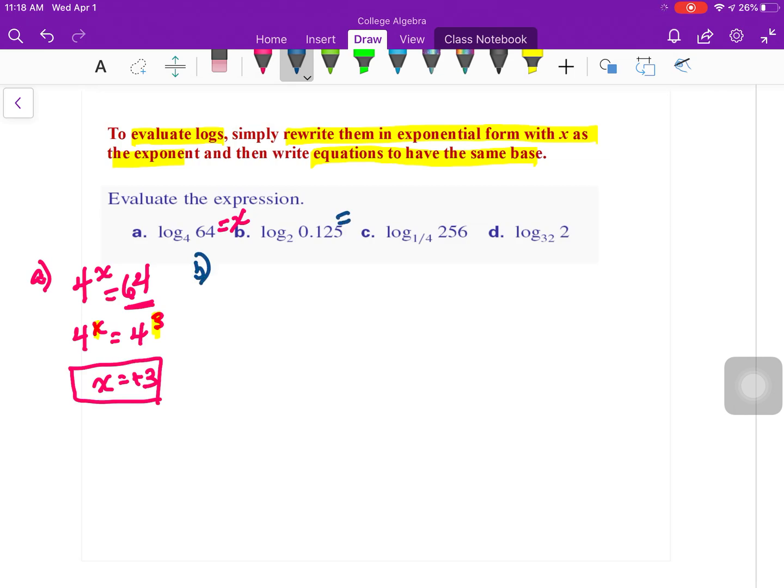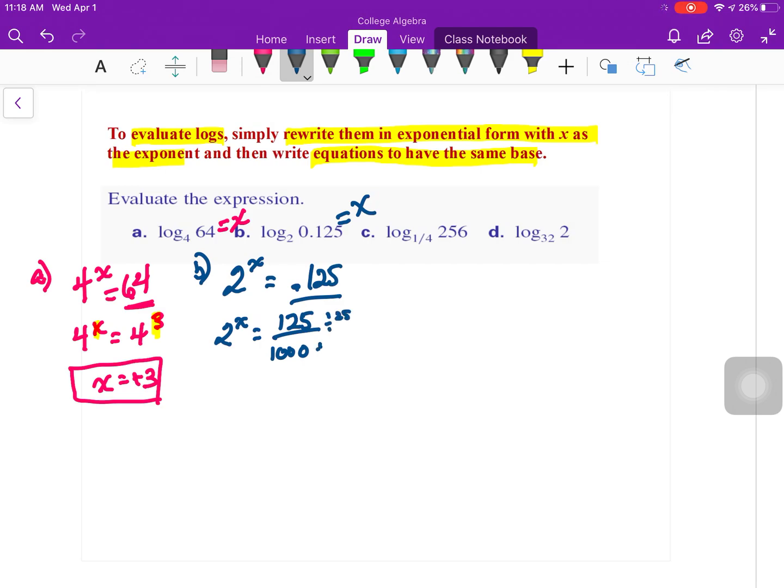Okay, let's do the next one. I don't know what it equals. So 2 to the x equals 0.125. I need to write this as base 2. So 2 to the x equals 125 over 1,000, since three decimals would be 1,000.